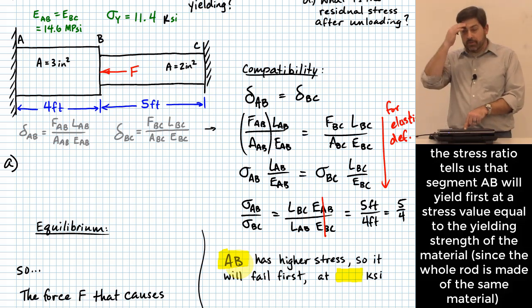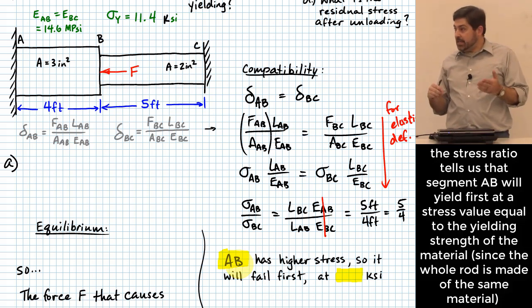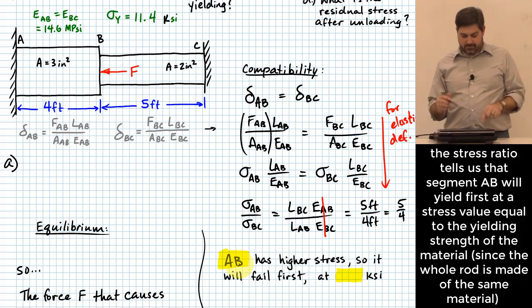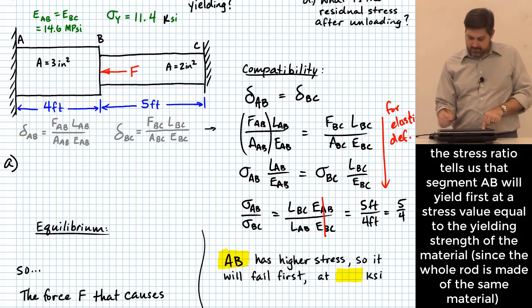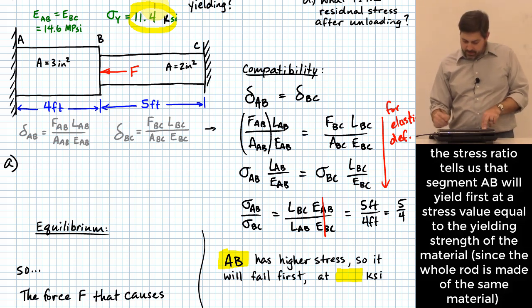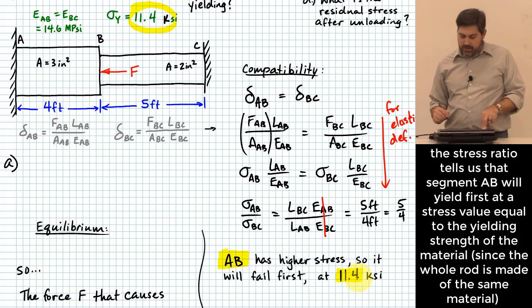And when I say fail, I'm saying yielding, right? So what stress level will it fail at? It's yield strength. Yeah, this 11.4 KSI. So here it has a higher stress and it's going to fail at 11.4 KSI.